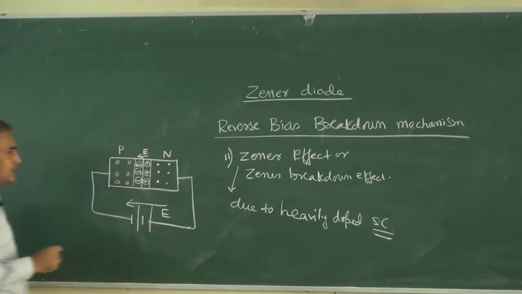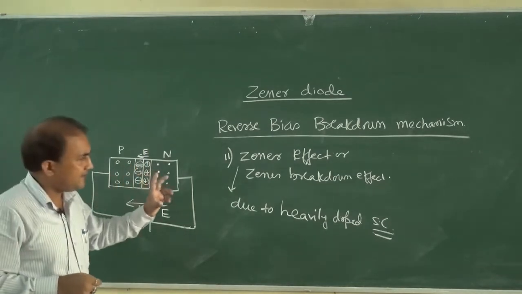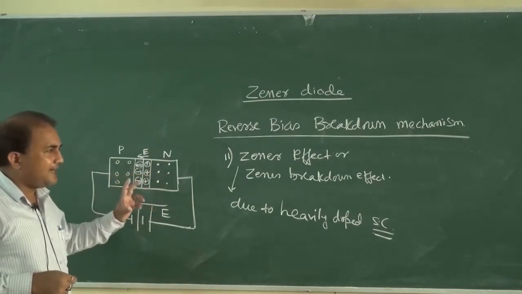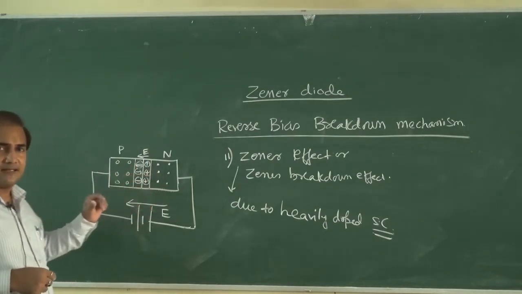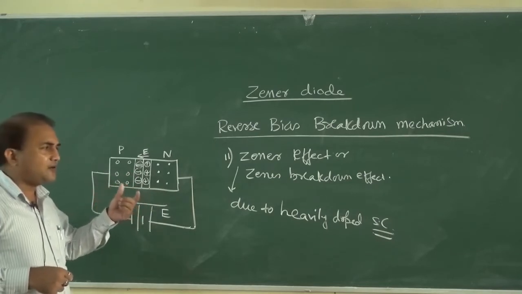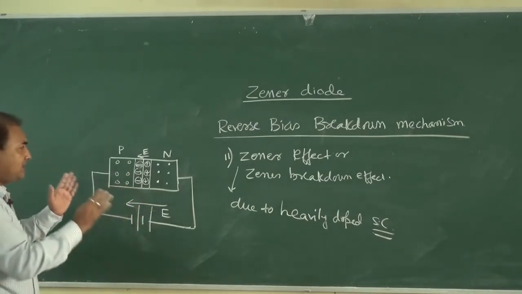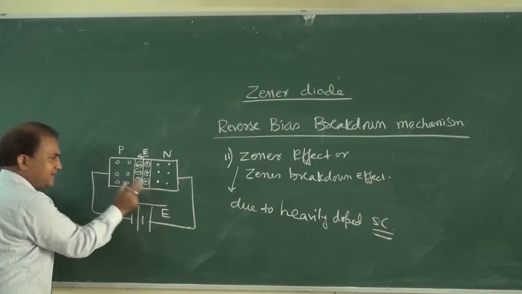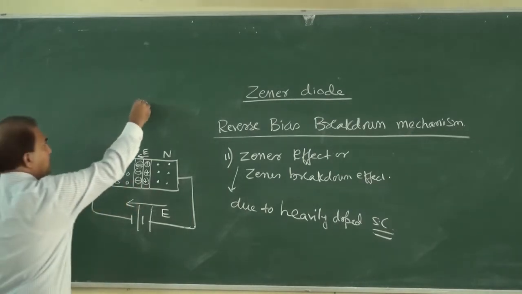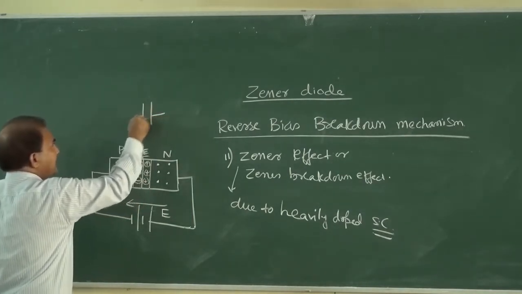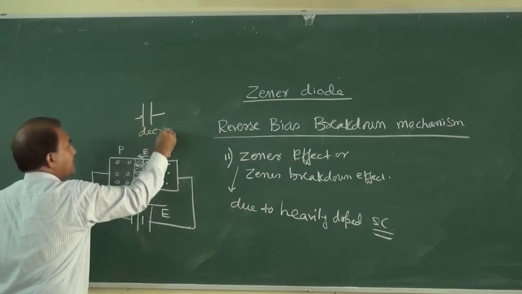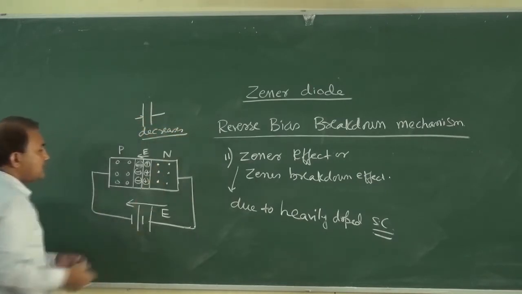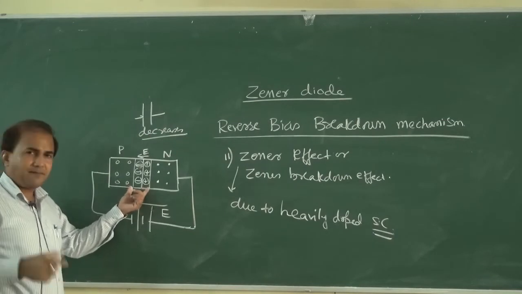Okay. Now this Zener effect occurs in a highly doped semiconductor. So due to heavy doping, the depth of the depletion region decreases.